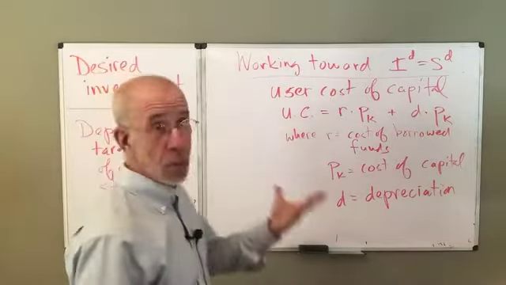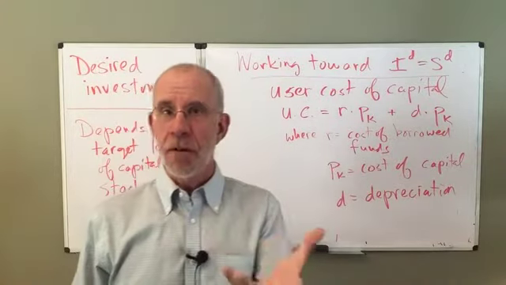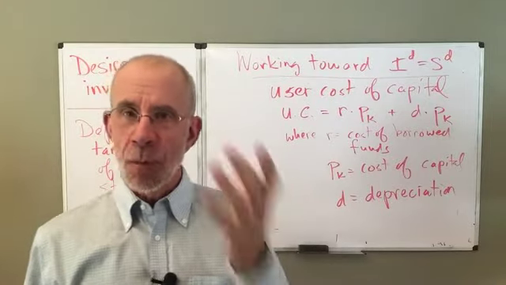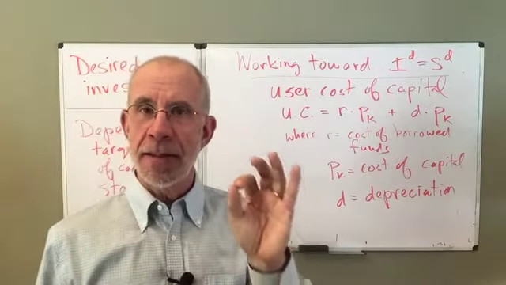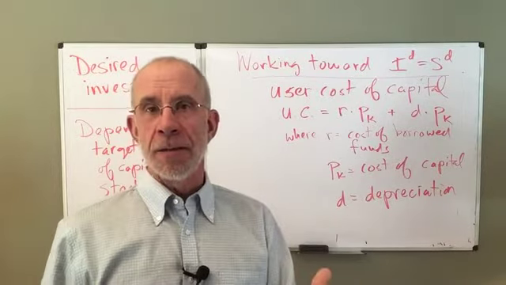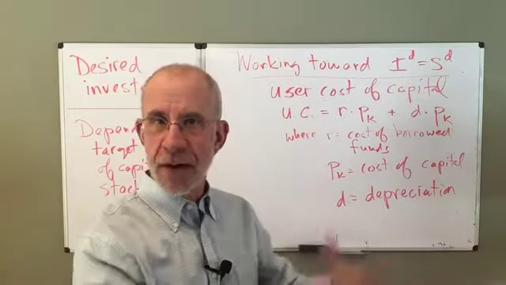And so first we want to think about the cost to a firm of purchasing capital. And we're going to think about this in the context of a firm that has to borrow funds in order to buy capital equipment. So they don't have funds just lying around.